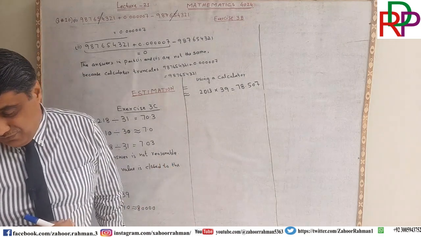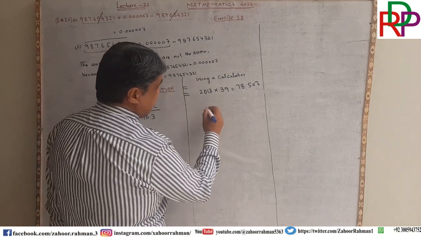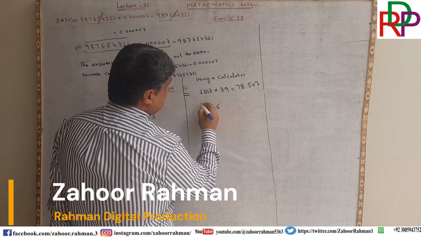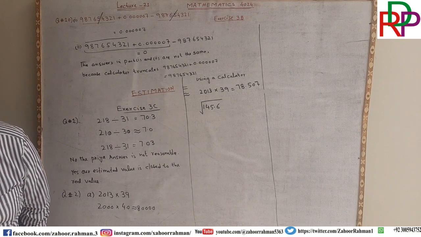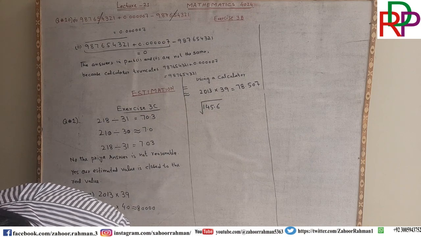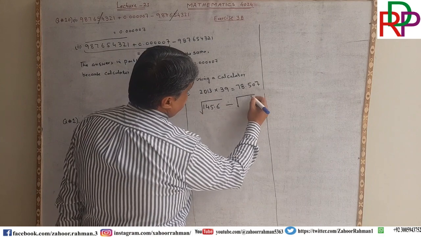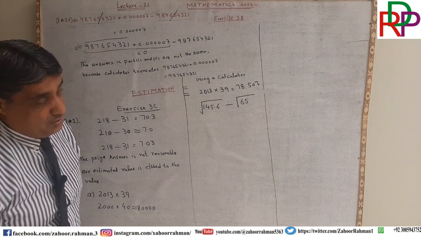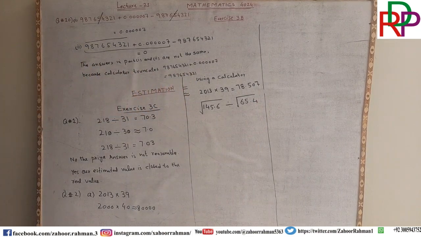Okay, the second question is saying 145.6, and we are taking the square root, only under root, and then dividing by 65.4.